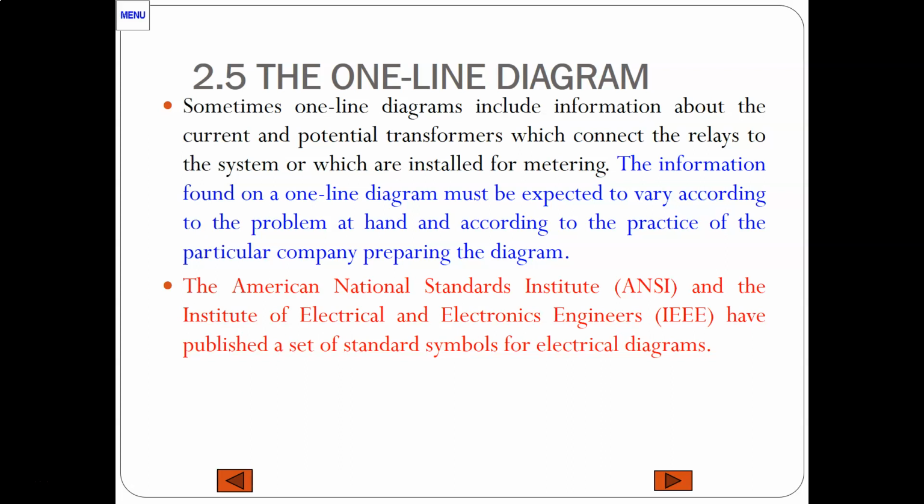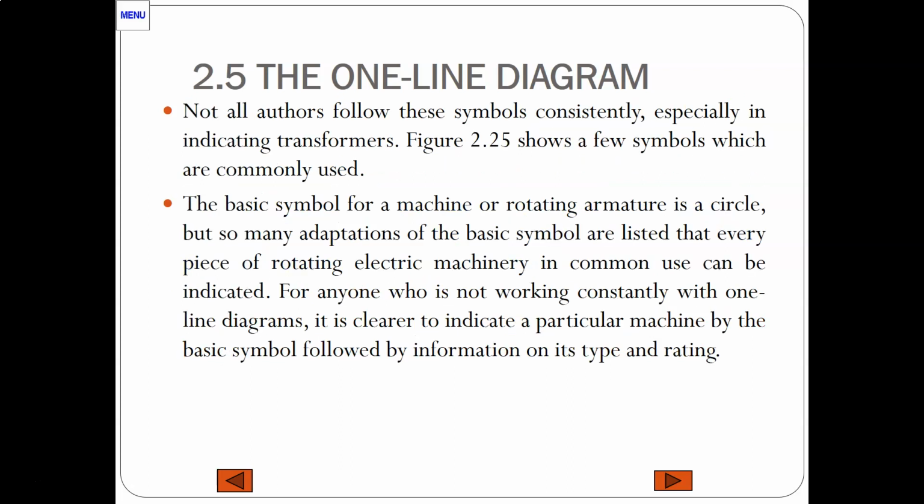The American National Standards Institute, ANSI, and the Institute of Electrical and Electronics Engineers, IEEE, have published a set of standard symbols for electrical diagrams. Of course this depends on whether we are in Europe, the US, and so on. Not all authors follow these symbols consistently, especially in indicating transformers.